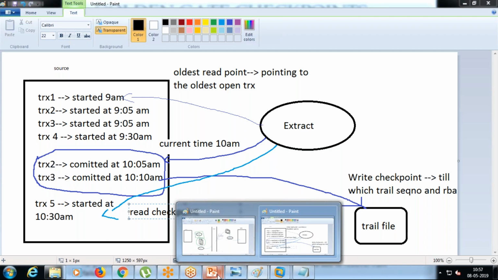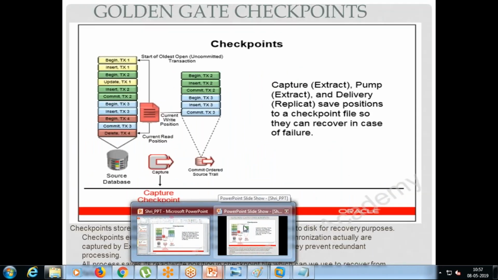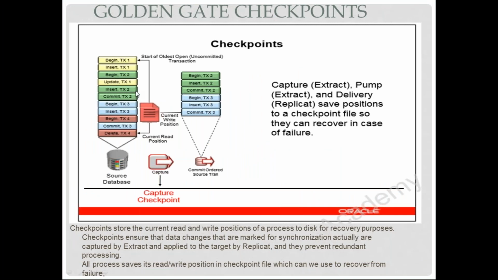Now, after this, I will explain this diagram here. If you see here, transaction 1 started here. So this is the oldest open transaction. Open means which has not been committed yet. And then it is doing an insert here.